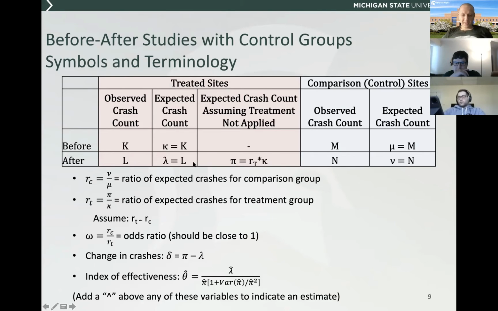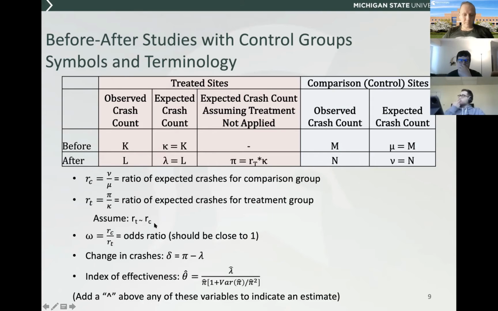and that would be analogous to basically taking the ratio of the after period crashes to the before period crashes at the sites where the treatment was applied. And so our operating assumption here, like I said, is basically that those proportions are roughly equivalent to one another. And so we're just operating under the assumption that whatever difference we see in the control site, that same effect is going to hold at the treatment sites.